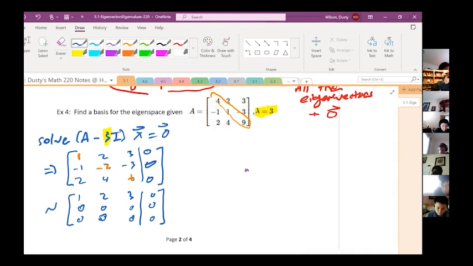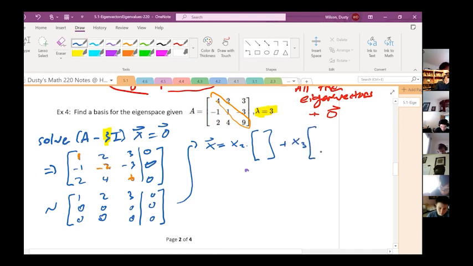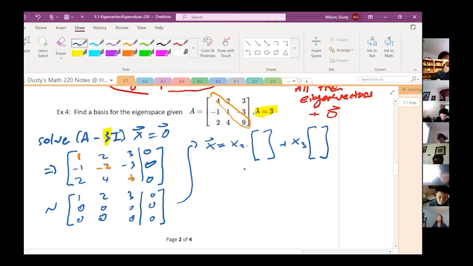So this tells us that we would have x equal to x2 times something plus x3 times something, because x2 and x3 are our free variables. So what's the vector that we multiply x2 by?